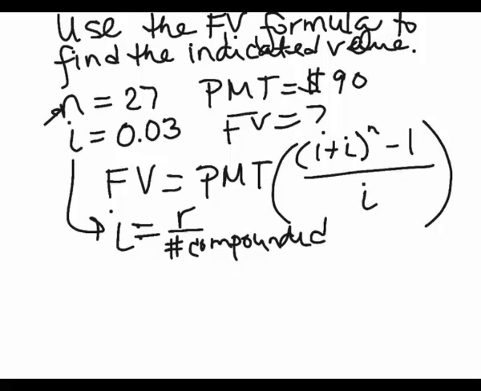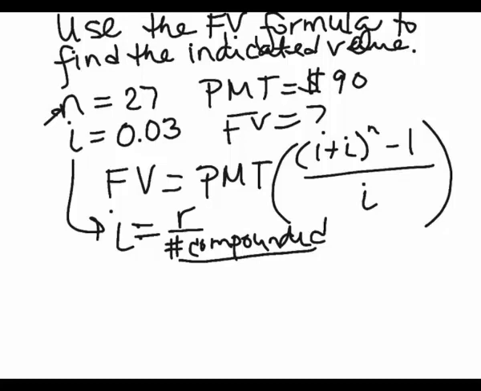If it's daily, then it's 360 or 365, depending on what they want you to use. So just be really careful. There's kind of like an N, and they're using it two different ways. N could be the number of times you make payments throughout the course of the annuity, and then this N that I'm talking about is the number of times that something's compounded. So just be really careful with that. So all you have to do here is fill in all of the information.